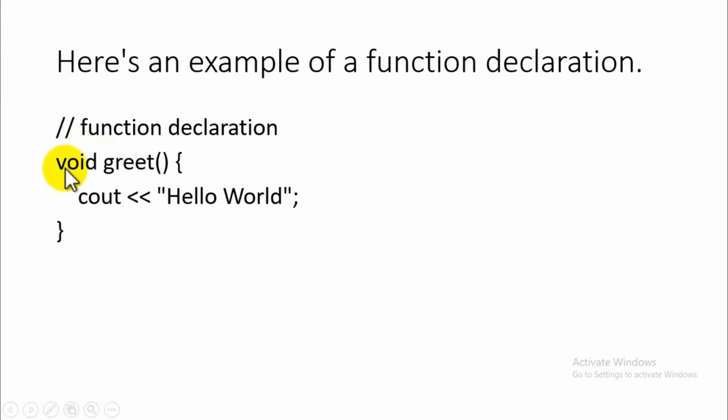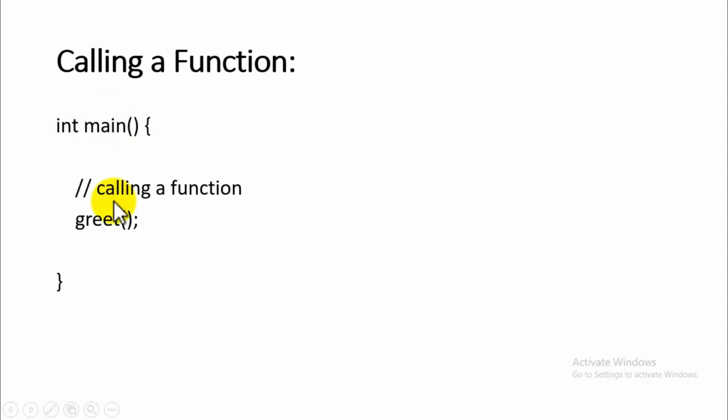So without invoking this function in your main function, or calling this function in your main function, there will be no output. So let's try this. So this is how you call the greet function.